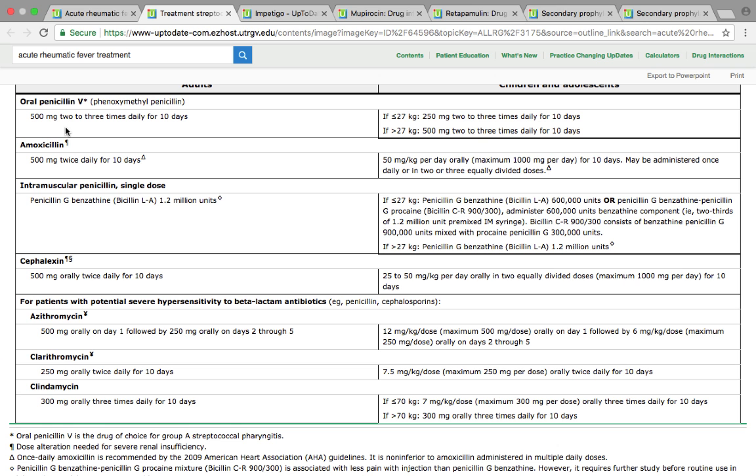So you notice here with oral penicillin, they're supposed to take 500 milligrams BID, TID, 2 to 3 times a day for 10 days. So that's a lot of opportunity for a patient to miss a dose or not finish their antibiotics. Unfortunately, you may have personal experience with this with family members, like, well, I started feeling better on my 3rd day on my antibiotic, and I figured I didn't need any more.